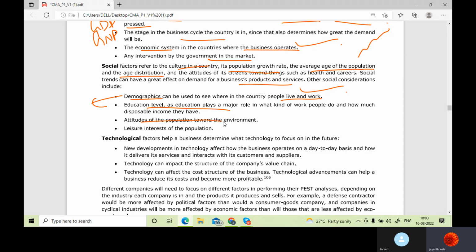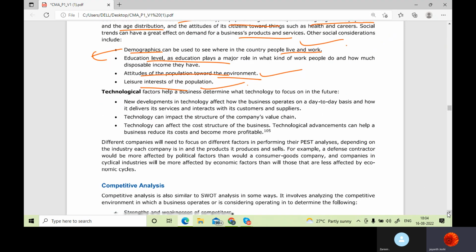Also the attitude of the population towards the environment. A lot of the population is environment friendly; if you want to set up a factory, there may be protests and agitations. Everyone should be environment friendly, and that's the reason the sustainable growth terminology has come into the picture. Then the leisure interests of the population: what they do in their free time.